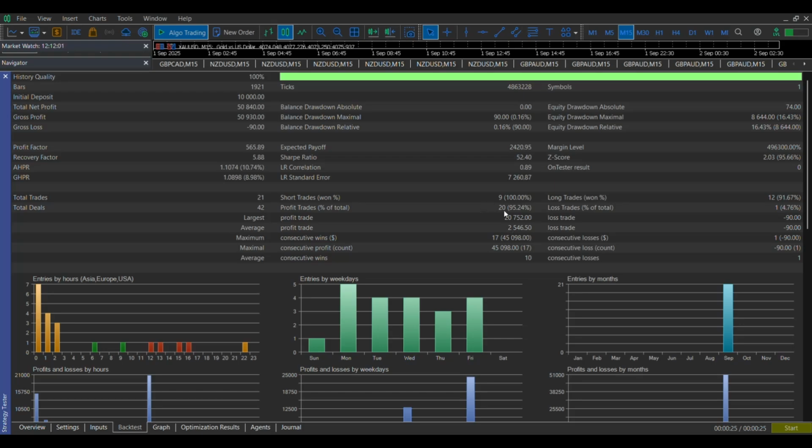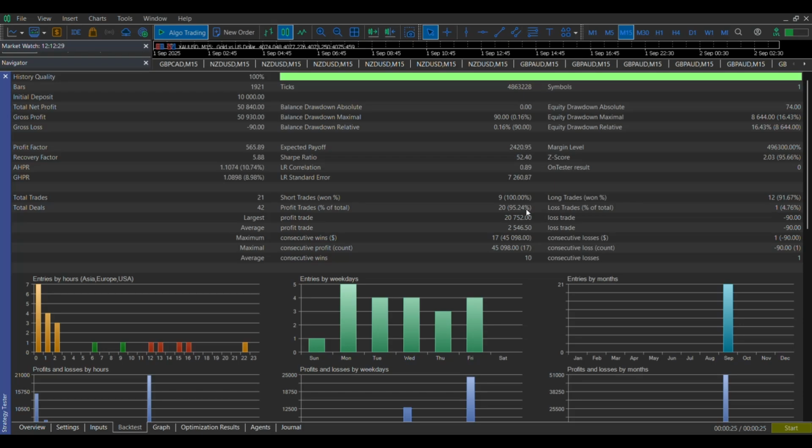But here you can see the average trade profit is 2500 USD and the average loss is 90, the maximum loss is 90, and the most beautiful thing about the bot is, look at this largest profit. It made 20k USD with a single trade.